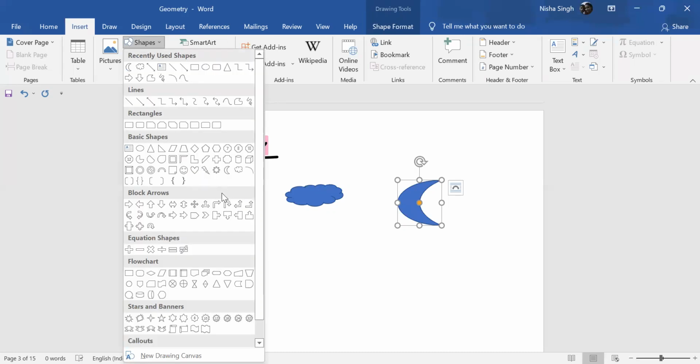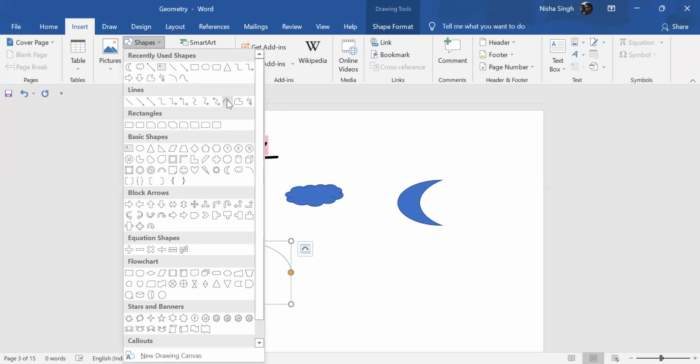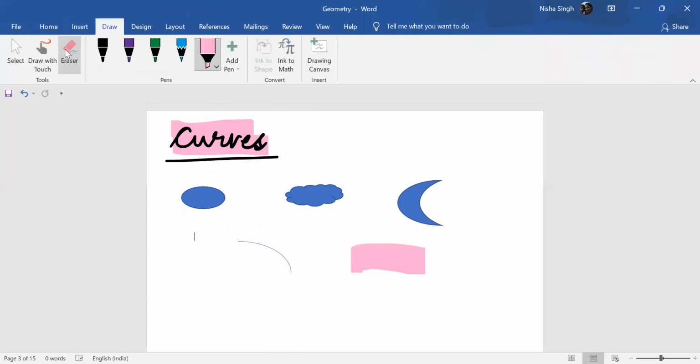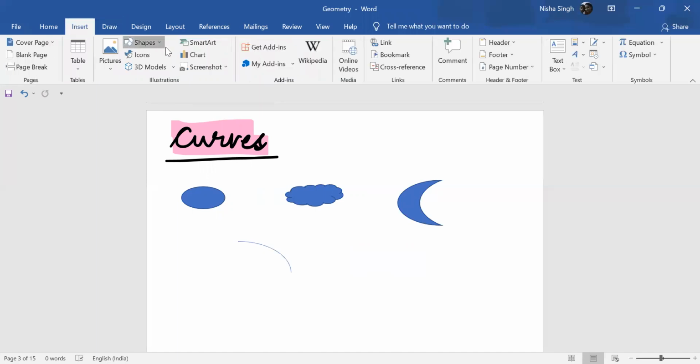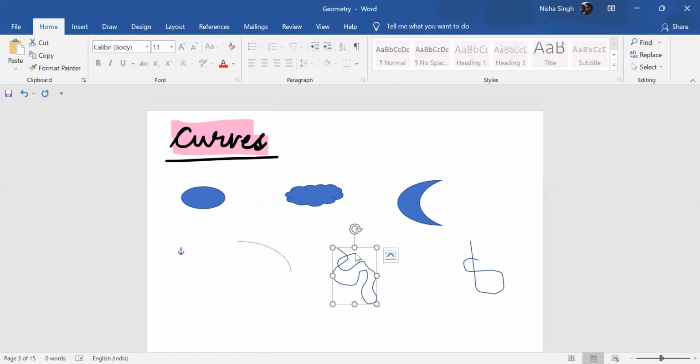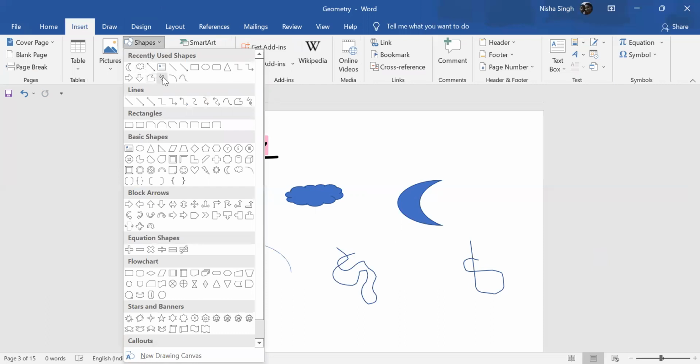It is a curve. So whatever I have made here is a curve. Now we will find out.